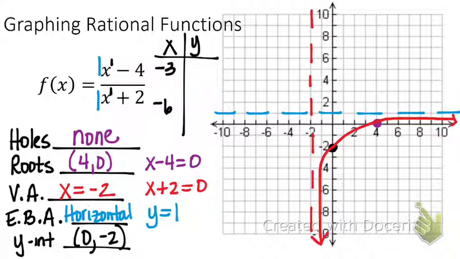So go ahead and put in negative 3. So that would be negative 3 minus 4 over negative 3 plus 2. See what you get. And then do the same thing with negative 6. Negative 6 minus 4 over negative 6 plus 2. See what you get.